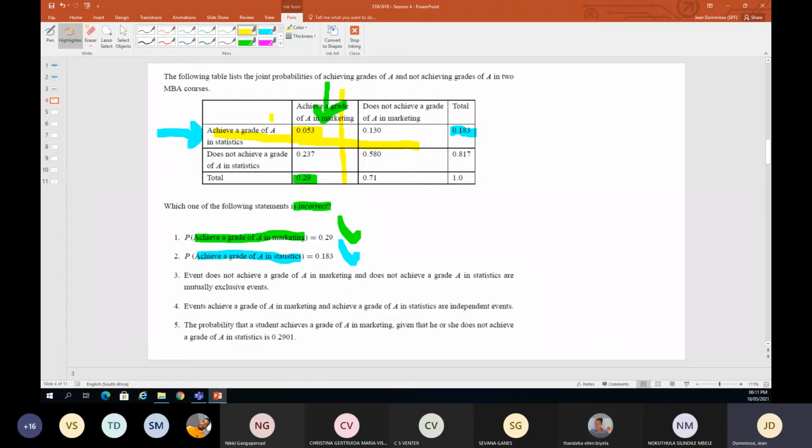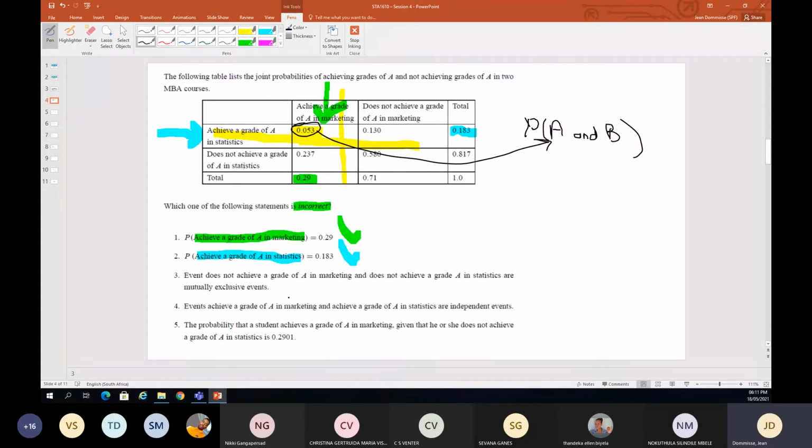So that would have been probability of A in statistics and A in marketing. So that is basically the AND.